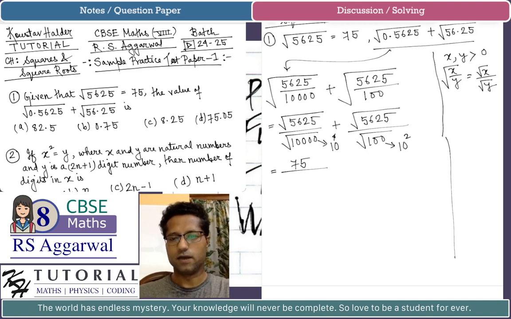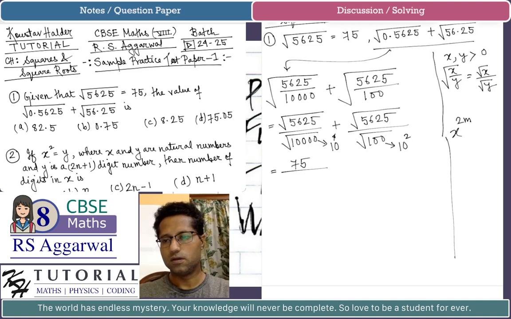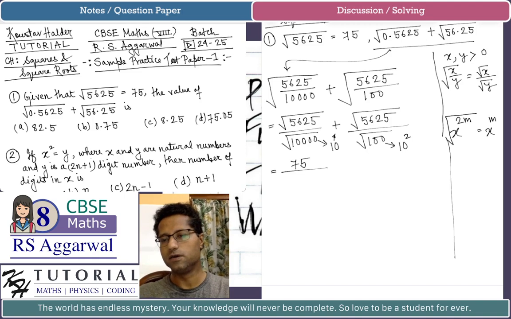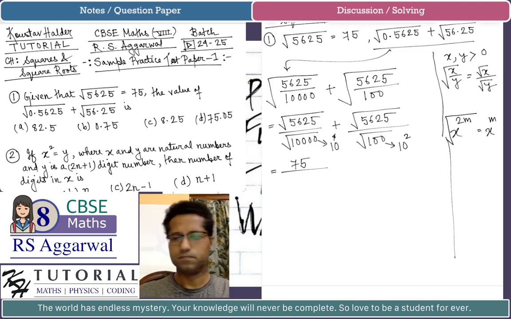You should know this, that for x a non-zero rational number, the square root of x to the power 2m is always equal to x to the power m. If the power is an even integer, then any non-zero rational number raised to an even power, its square root will be that number raised to the same power divided by 2.